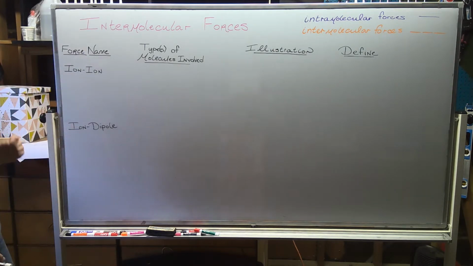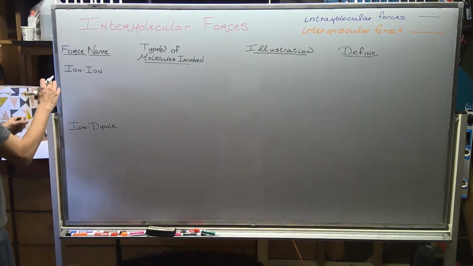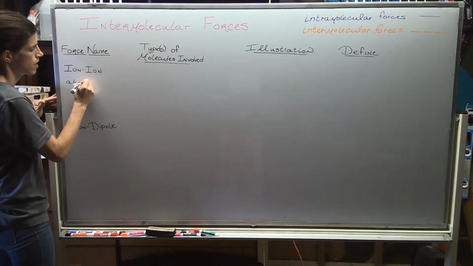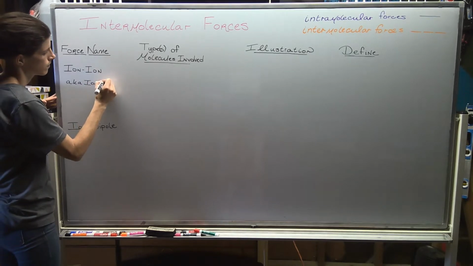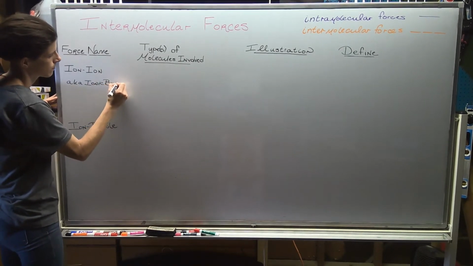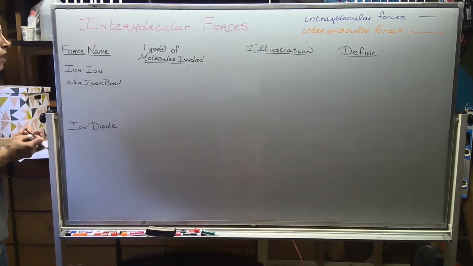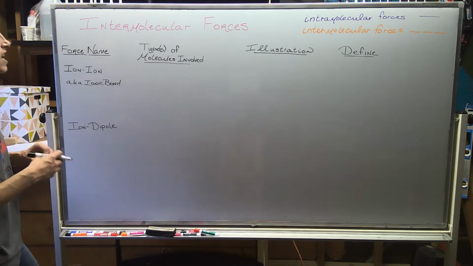Ion-ion is a weird one because up until this point, you've always thought of it as a bond. So an ion-ion intermolecular force is just an ionic bond. And the types of molecules involved, well, maybe molecule isn't the best word there.